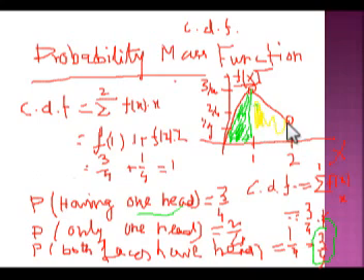This area, the green area and the yellow area, both together are the cumulative distributive function up to 2, and the cumulative distribution up to 1 is the green area. In this way, the probability mass function and cumulative distributive function are known in statistics.